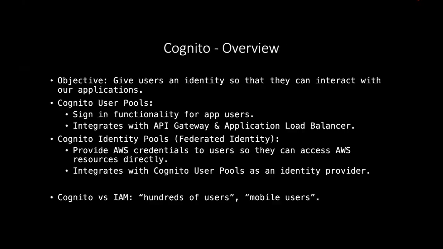So what we said was that Cognito has two main types of resources, user pools and identity pools. And it's the user pools that we will focus on.